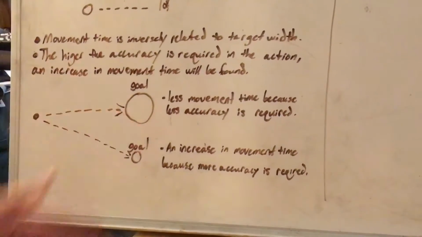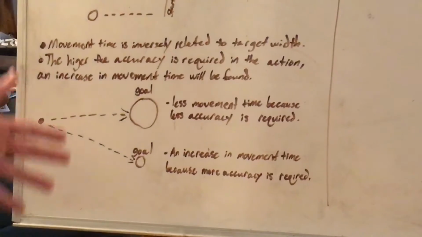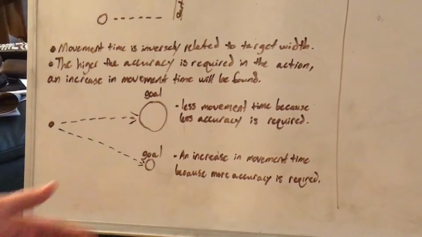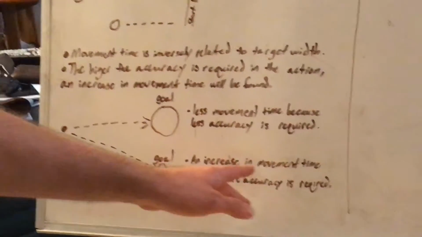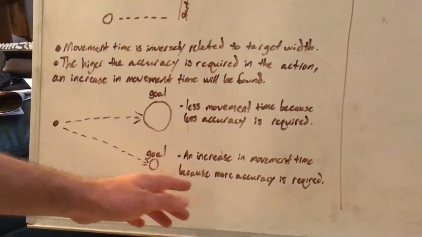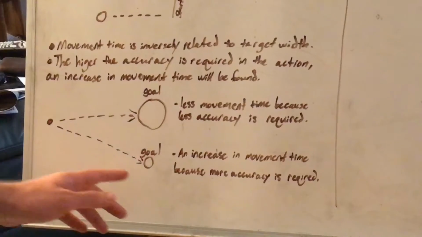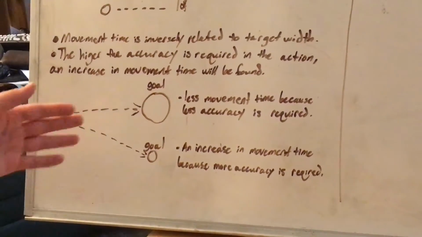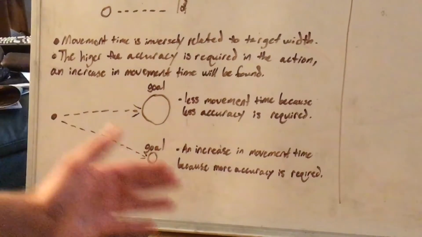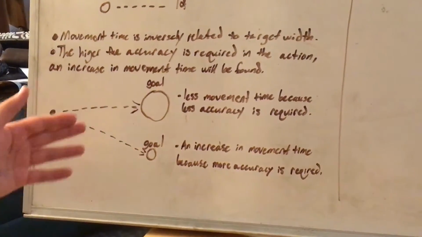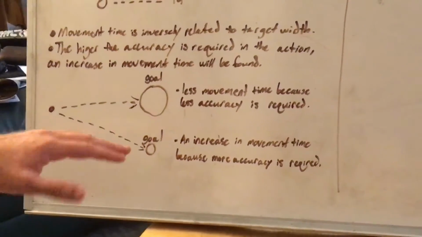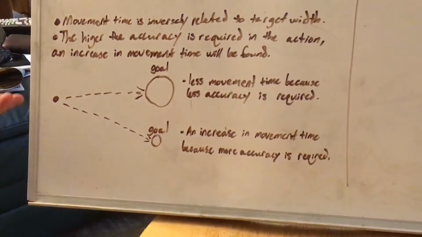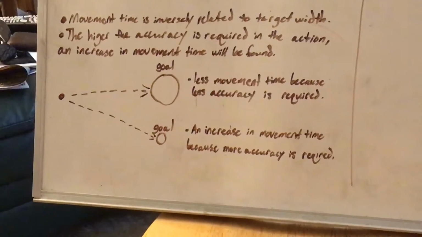So it's going to be easier to make it in, so they can throw a straight shot right in there at a faster speed. With the smaller one, there is an increase in movement time because more accuracy is required. So it should take more time to prepare the shot. It could be a slower throw, just because they want to aim certain angles to make sure it gets into that goal, which is almost the size of the ball.